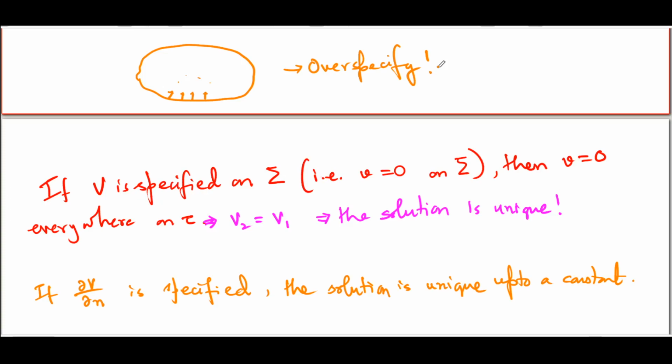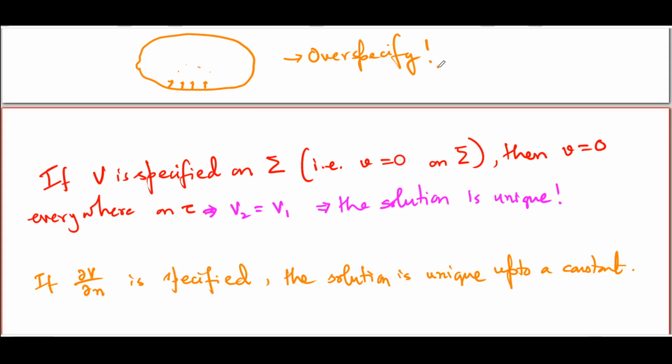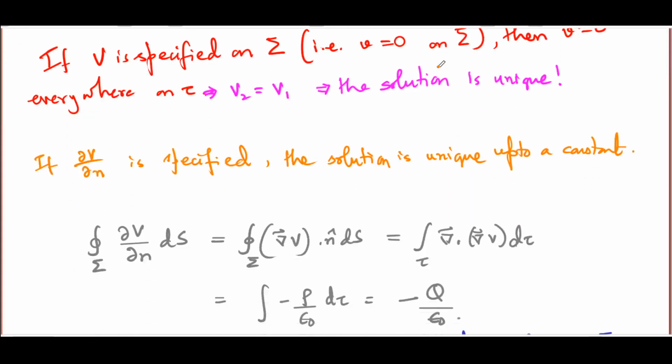By the way, the normal derivative cannot be specified arbitrarily either. You have to realize that if you were to integrate the normal derivative del V del N over the surface ds, that's nothing but integrating gradient of V dot n hat ds over the surface sigma. And using the Gauss theorem, we see that this is the integral over the region tau of divergence of gradient of V d tau.